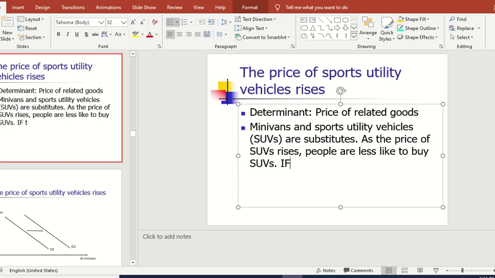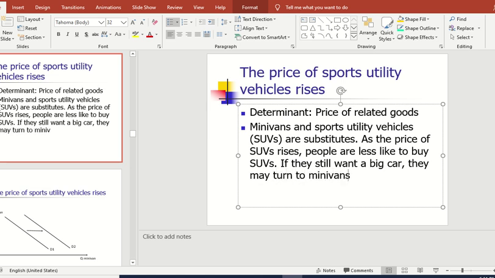If they still want a big car, they may turn to minivans. As a result, the demand for minivans goes up or increases.